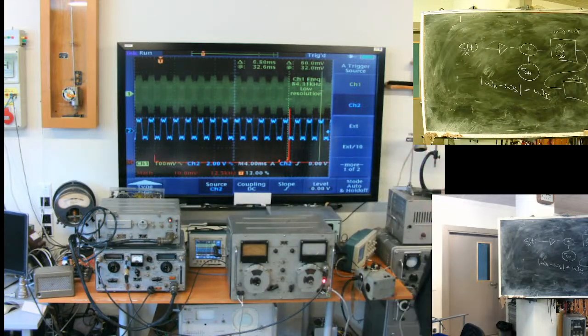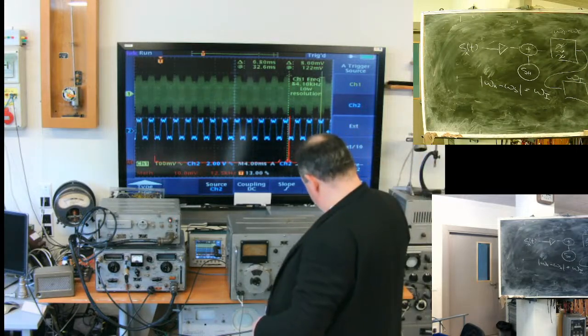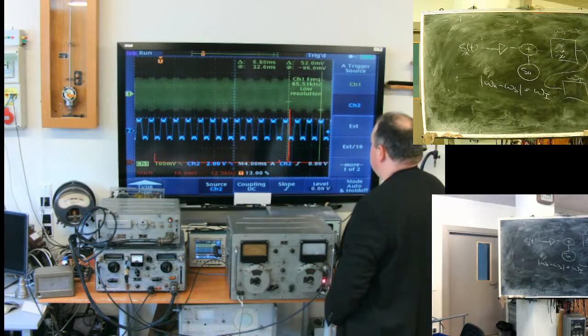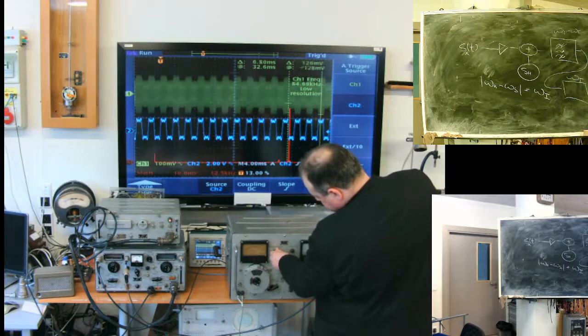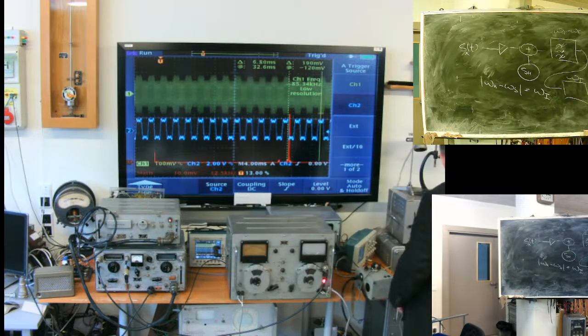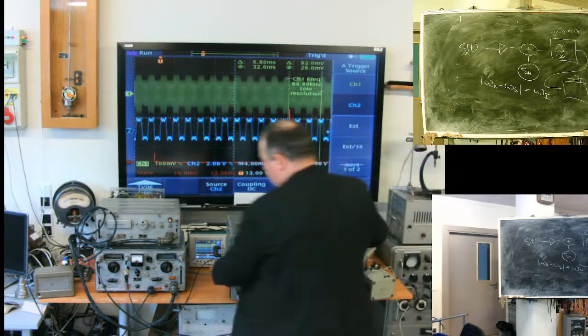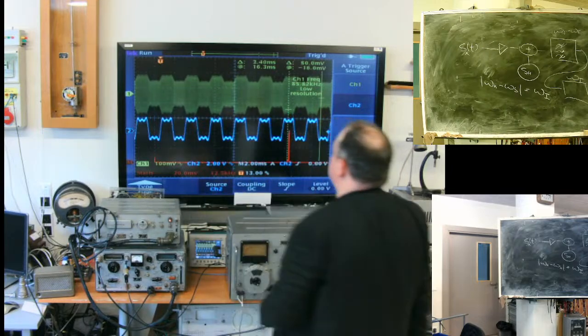What do we see now? Is it something familiar?